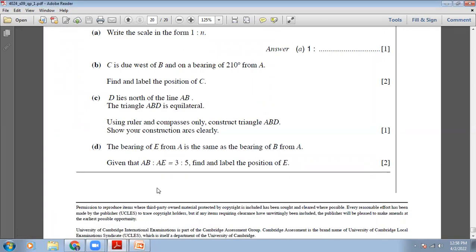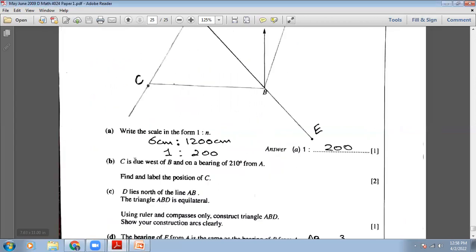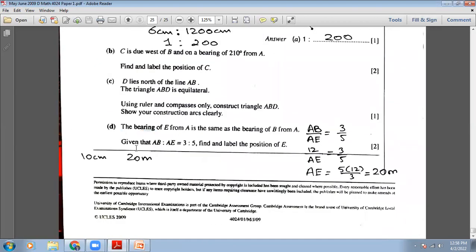And then he says the bearing of the E from A is the same as the bearing of the B from A. Given that AB to AE equals 3:5, label the position of the E. So very simple. You see the AB by AE ratio is 3/5. We know that AB is 12 meters. So 12 by AE equals 3/5. So AE will be 12 multiplied by 5 divided by 3.